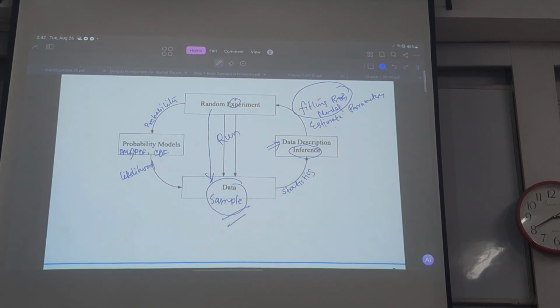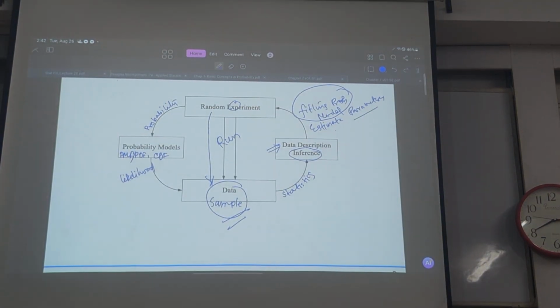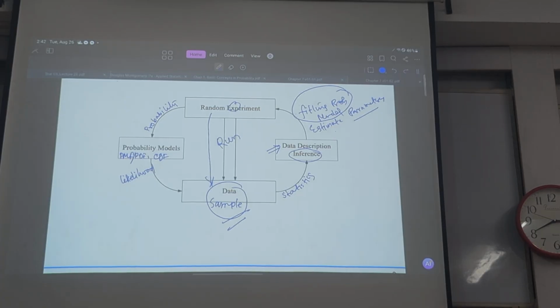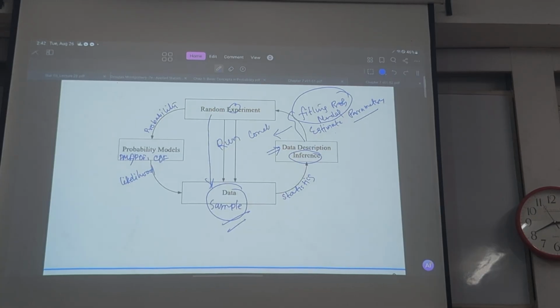When you have the data, you do not have access to the experiment, you just want to know the properties of the data, you want to estimate the parameters, and based on the probability model and the estimation, you want to draw conclusions from it.